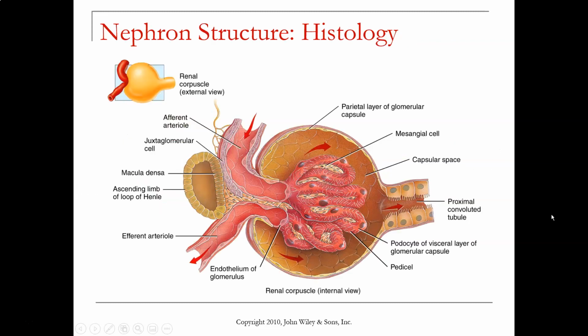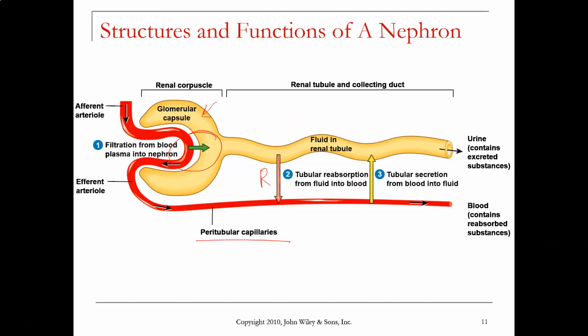And then you can also secrete things out of your peritubular capillaries into the kidney tubule. So 1, 2, 3, those are your big steps you want to focus on for urine production. By the time you get to the end of the kidney tubule, now it's urine, because you've taken out what you want to keep and put in things you want to get rid of.